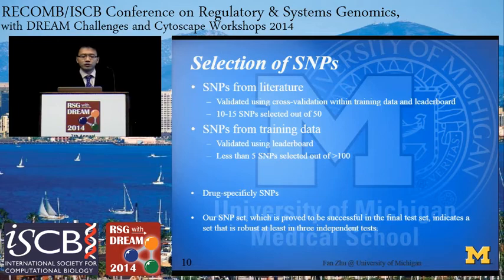Our SNP set, which is proved to be successful in the final test set as well, can be considered as a robust one because it works in at least 3 independent data sets: the training data set, the leaderboard data set, and the final test data set. But the SNPs we selected either from the literature or the training data are much weaker predictors than the clinical features.